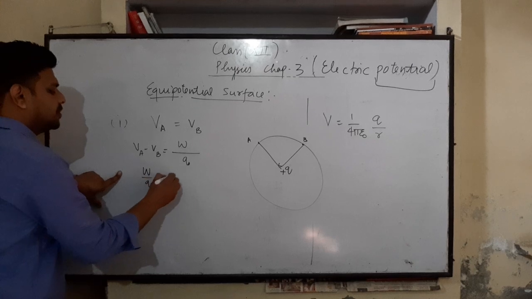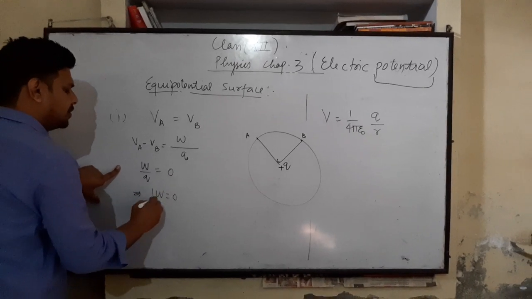W upon Q is equal to 0, or W is equal to 0.